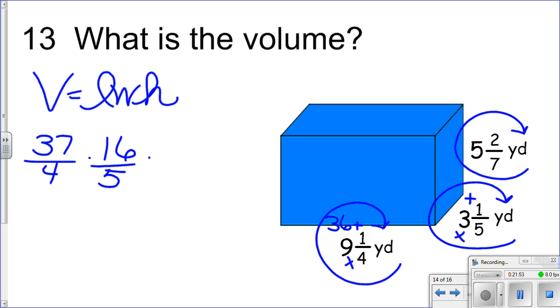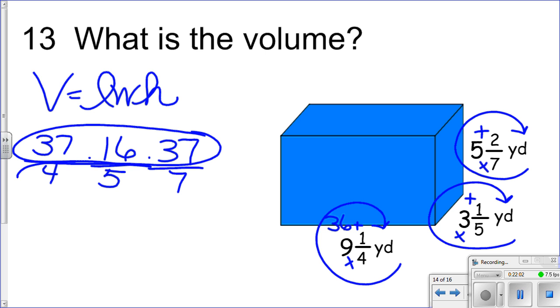And the last one is 7 times 5 plus 2 is 37 over 7. We've already seen 2 other problems that require multiplying and simplifying. This is how you would solve this one.